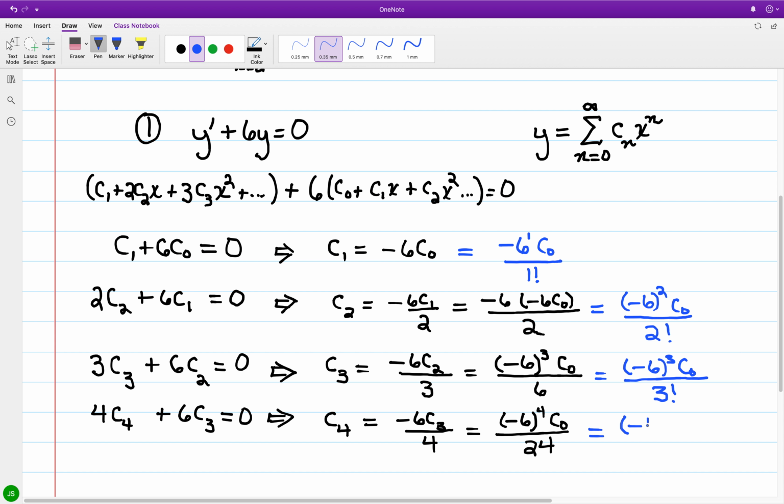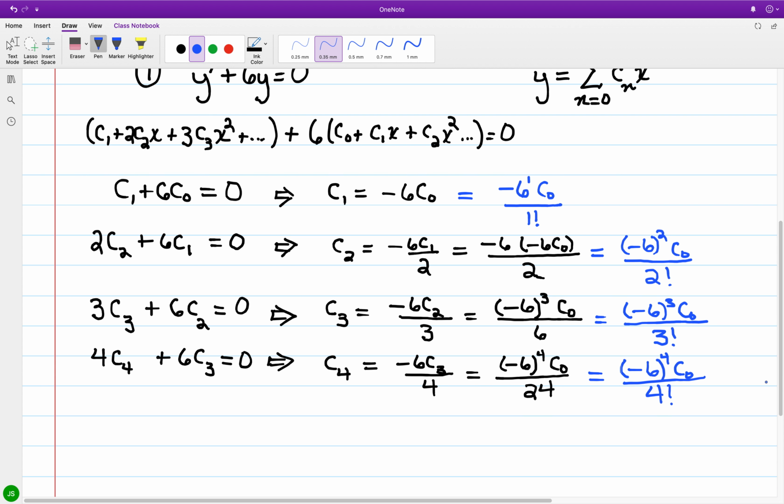Then we have negative 6 to the 4th c naught all over 4 factorial. In the ensuing pattern, we'll have c of n is equal to negative 6 to the n c naught all over n factorial.